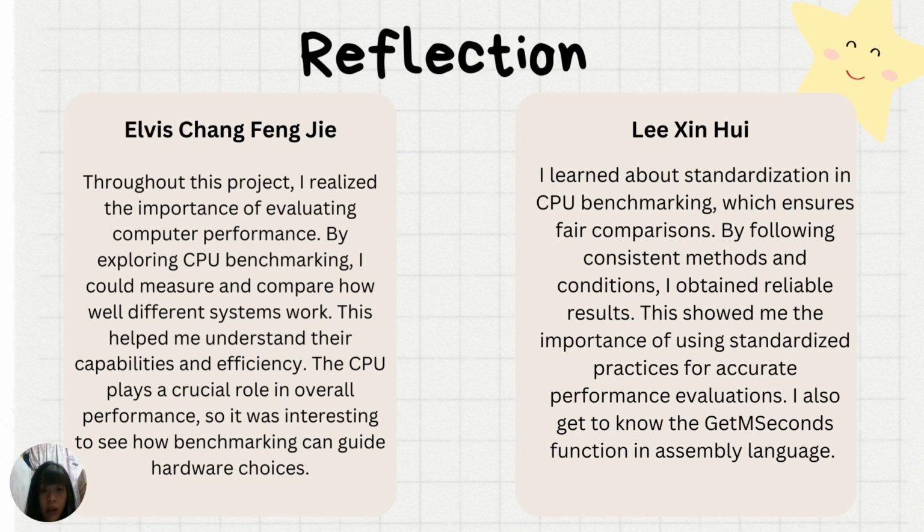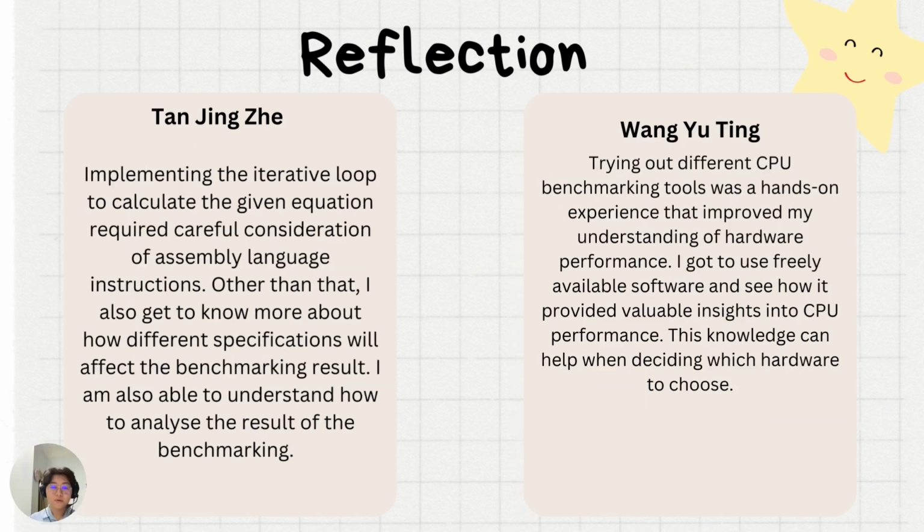In this project, I learned about standardization in CPU benchmarking, which ensures fair comparisons. By following consistent methods and conditions, I obtained reliable results. This showed me the importance of using standardized practices for accurate performance evaluations. I also got to know the game sequence function in assembly language.